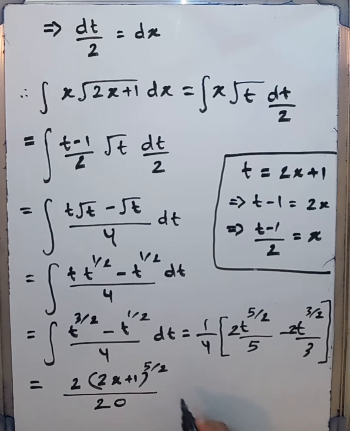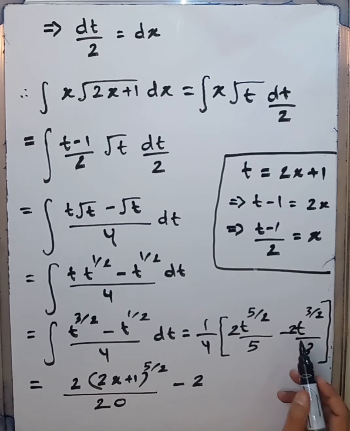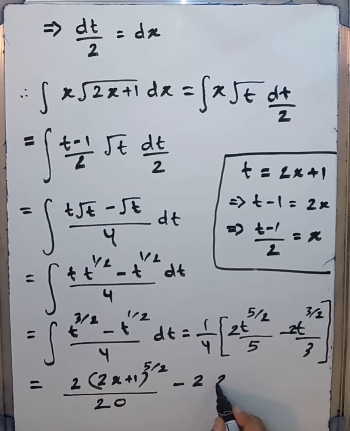Second part, that is minus 2 t power 3 by 2, that is 2x plus 1 power 3 by 2 divided by 4 multiplied by 3, that will be 12, plus constant of integration c. This is our final answer.